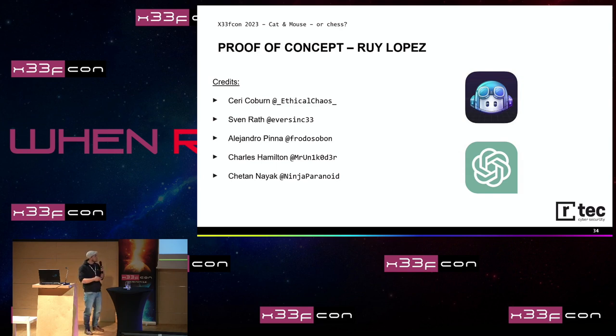Alejandro Pinner, because he gave me this idea with his blog posts. Charles Hamilton and Chetan Nayak, because they both helped me when I faced problems with writing position-independent shellcode. And yes, also GitHub Copilot and ChatGPT, because I was always using them all along the way for different things.